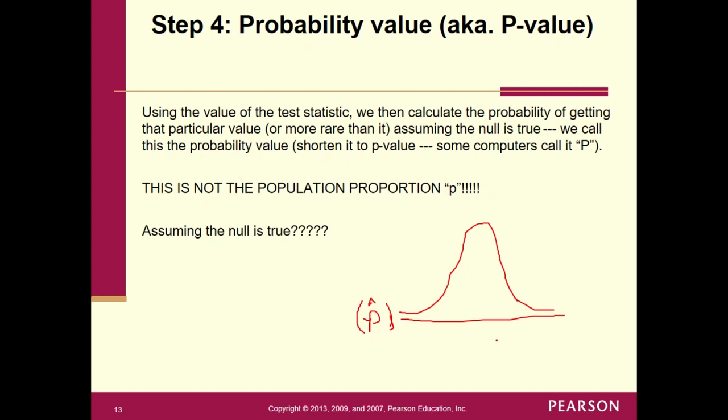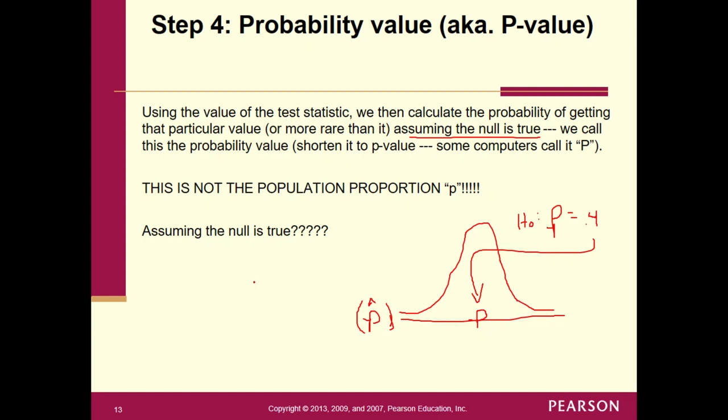What did we find out was the center of the sampling distribution of p hat in value? It is p. So if we test if p is equal to, say, 0.4, we assume that the null is temporarily true, and we place 0.4 smack dab in the center of that sampling distribution.